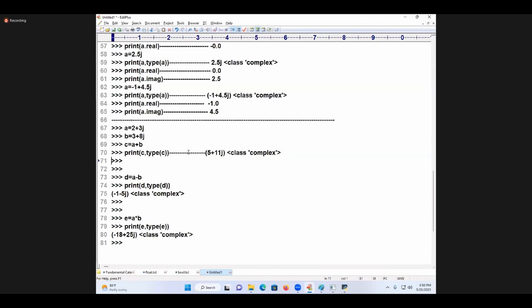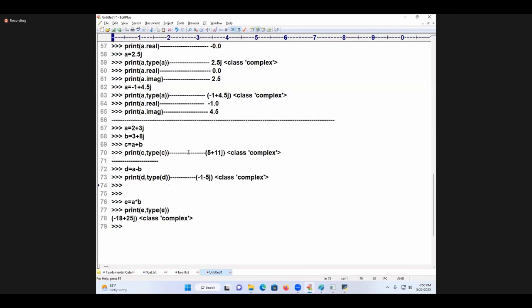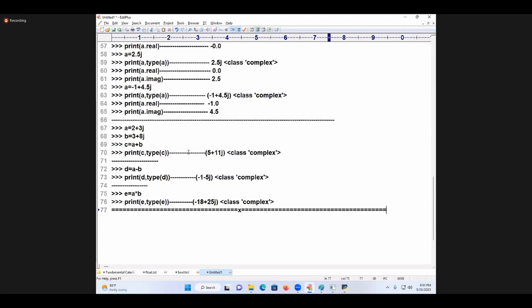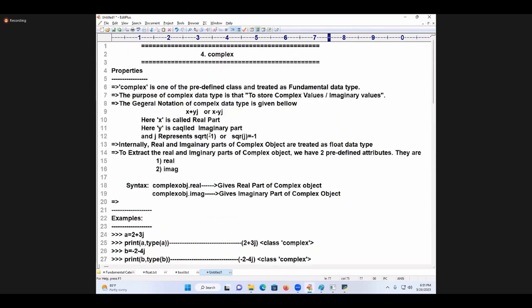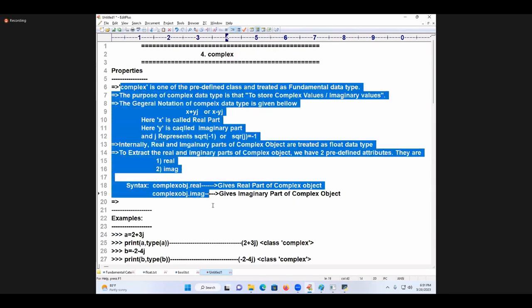Coming to the next operation, the plus and minus operations I am doing. Same data. Here, the complete concept of complex type I am going to take up. If anybody asks you tomorrow, will you answer like this? So complex properties are clear, right?